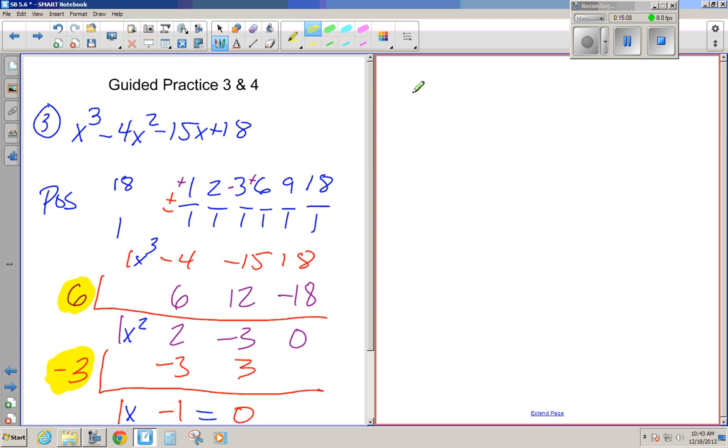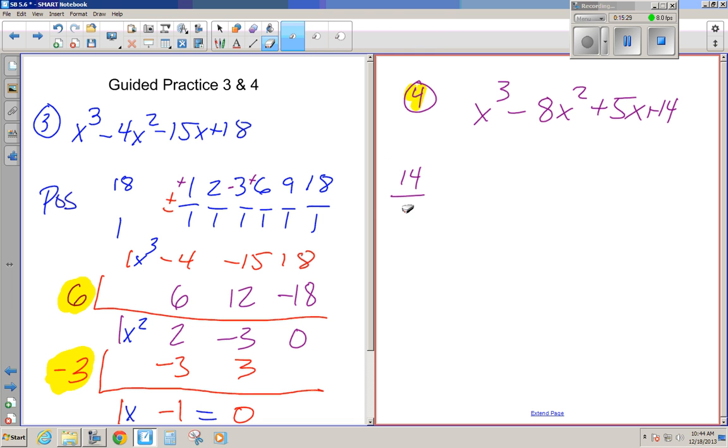Let's do number 4. We're supposed to find the zeros for x cubed minus 8x squared plus 5x plus 14. Well, we have 14 over the factors of 14 and the factors of 1.